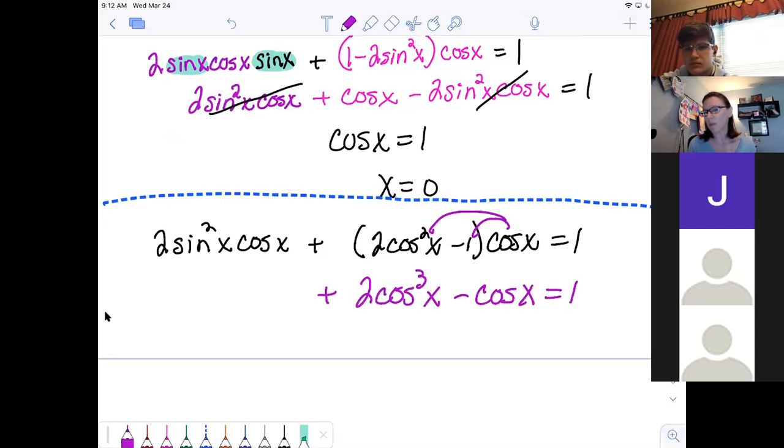What else did you do then, Peter? I pulled a 2 cosine out of the entire equation. Like I factored out a 2 cosine from the entire equation, and then inside the parentheses, I got sine squared plus cosine squared minus 1.